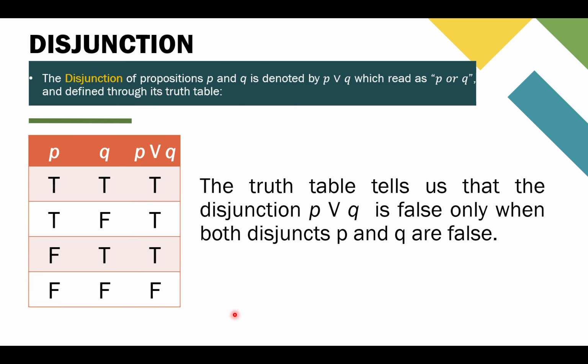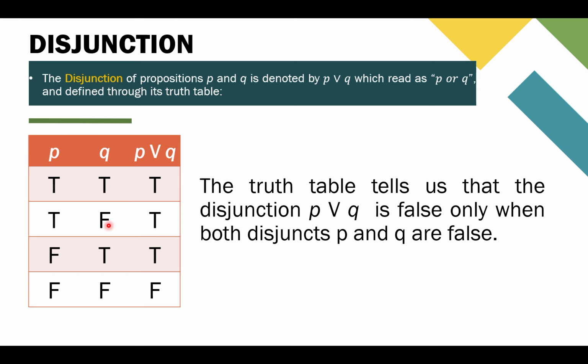Next, for the third logical operator, we have the disjunction. The disjunction of propositions P and Q is denoted by P capital V Q, which is read as P or Q. So, it is defined through its truth table. Ayan. So, proposition P or Q, then ibig sabihin pwede maging true ang ating statement.